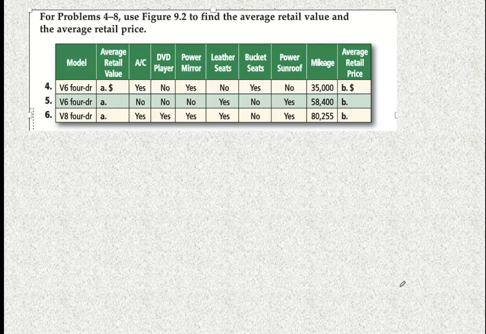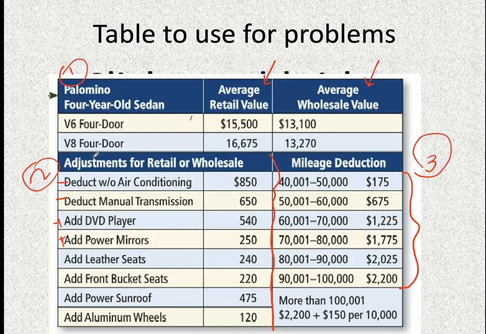Okay, so let's look at some examples. Now, on the next page of your notes is some more room to do this. But I thought this is a nice chart to help us get started. So the average retail price, that's the one you're going to look at. And if we go for a V6, so this is number 4, you would look on the chart.